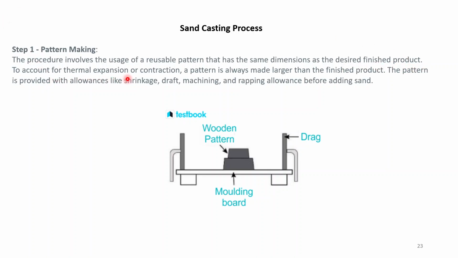To account for thermal expansion or contraction, a pattern is always made larger than the finished product. So you have to provide certain allowances to the pattern. The pattern is provided with allowances like shrinkage, draft, machining, and warping allowance before adding sand.